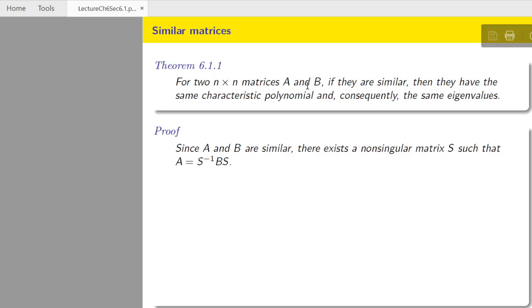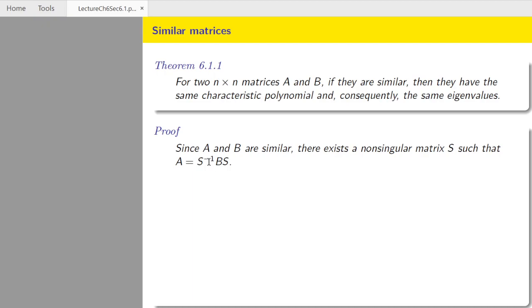Then the conclusion is these two matrices have the same characteristic polynomial, and they have the same eigenvalues. Here's the proof. Since A and B are similar, by definition, we have a non-singular matrix S such that A equals the inverse of S times B times S.